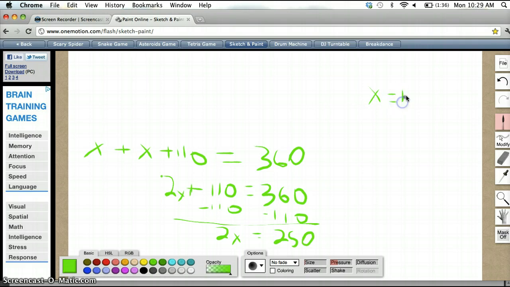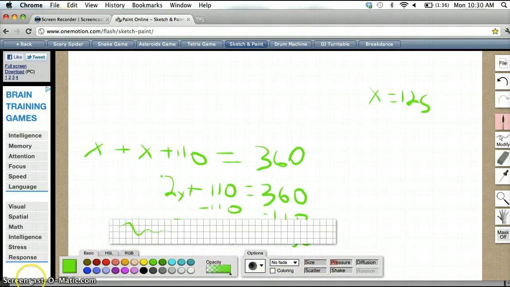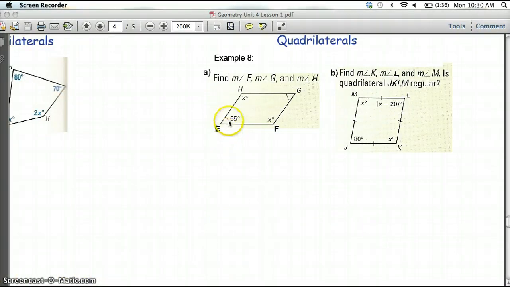So when we go back to our main screen, where we are trying to put our answers into context, x is equal to 125 degrees, so that means that angle H and angle F are both 125 degrees.